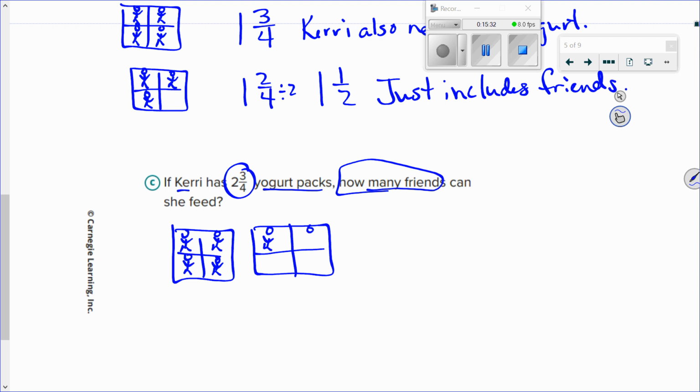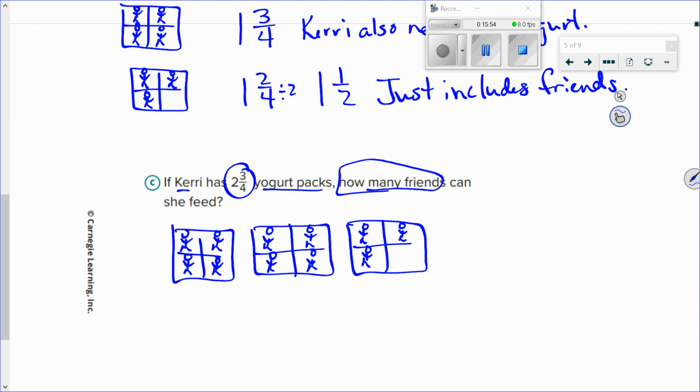There's our second pack. And then in our third pack, we only have 3 of the 4, correct? So, how many friends can she feed?